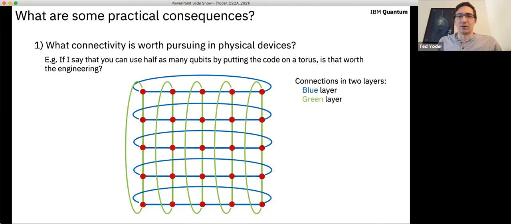If I tell you that you can use half as many qubits to encode the same number of logical qubits by putting some code on the torus, is that really worth the engineering to you? Here is a picture where maybe the connections are in 2 different layers, and the connections can cross each other as long as they're in different layers. Using this construction, you could effectively implement a torus and improve your code rate by a factor of 2.